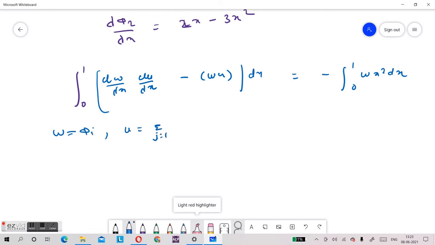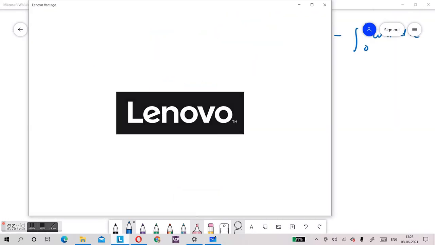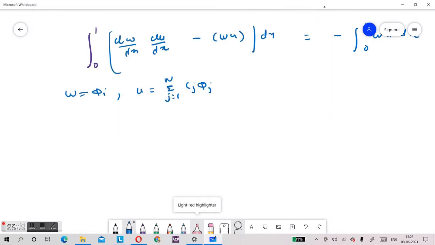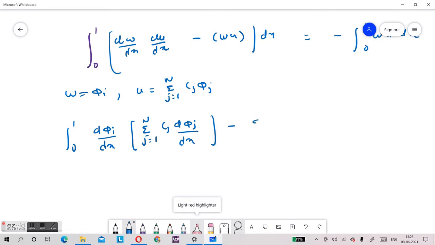This will look like the integral from 0 to 1 of d phi i over dx times the sum over j equals 1 to n of cj d phi j over dx, minus phi i times the sum over j equals 1 to n of cj phi j, whole term dx, equals minus the integral from 0 to 1 of phi i x squared dx.